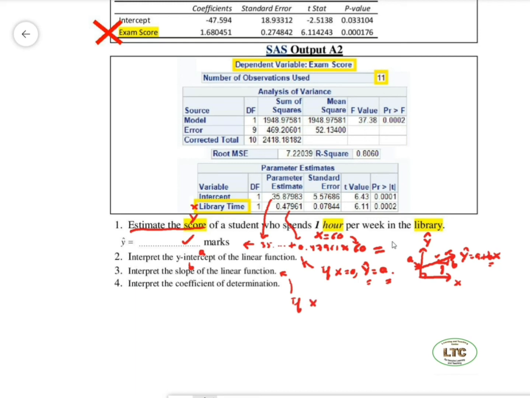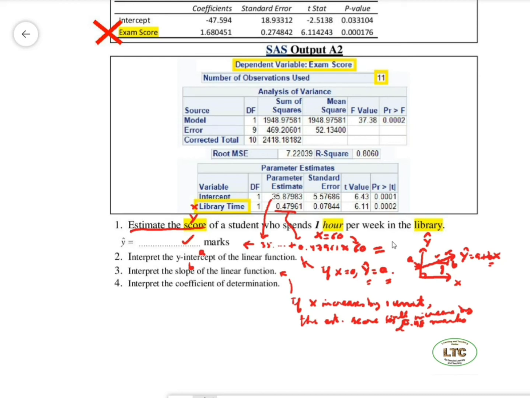If x, the study time in library, increases by 1 unit, 1 minute, or you can say for every 1 unit of study time in the library, the estimated exam score will increase by 0.48 marks.